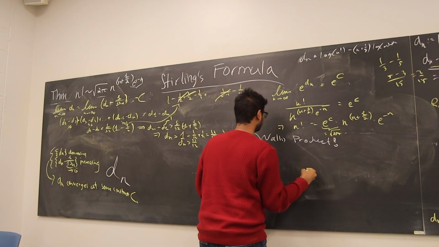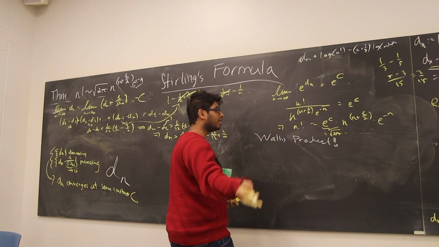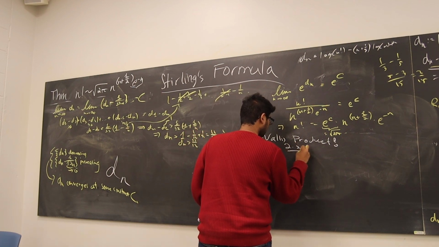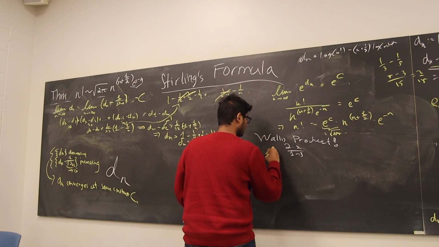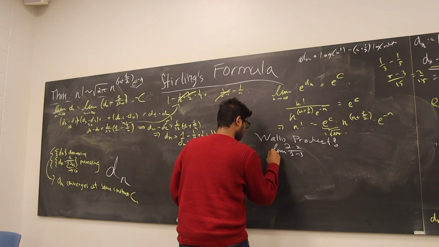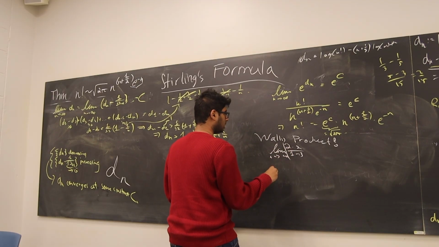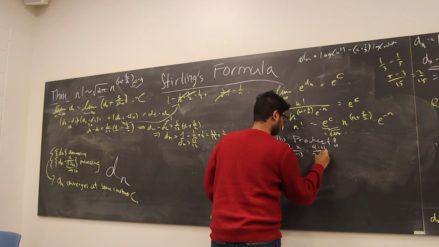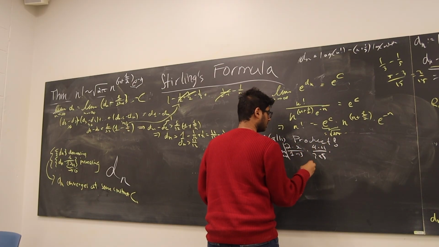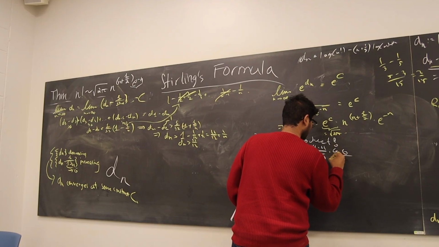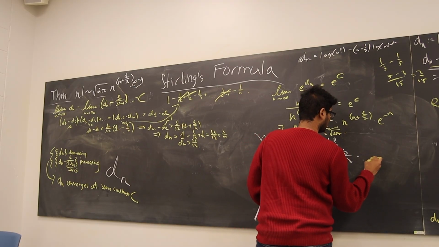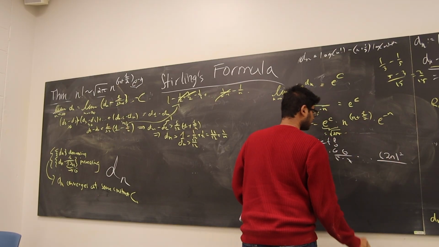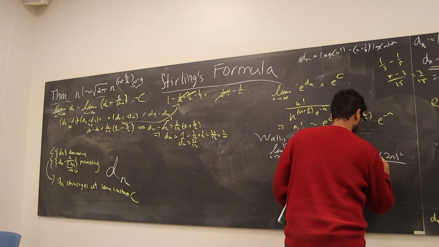The Wallis product is very famous, but it's really not that useful, so it's not a big deal. It's the limit as n goes to infinity of 2 times 2 over 1 times 3, times 4 times 4 over 3 times 5, and so on, so 2n whole squared over 2n minus 1 times 2n plus 1.